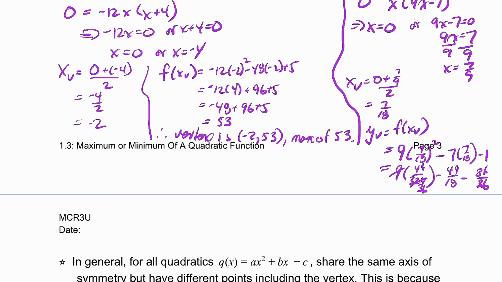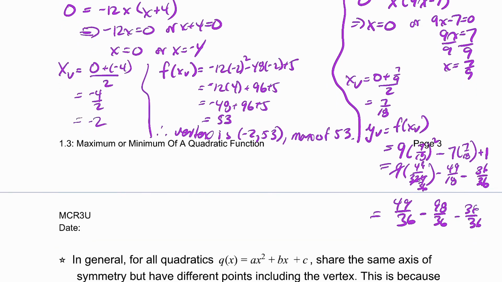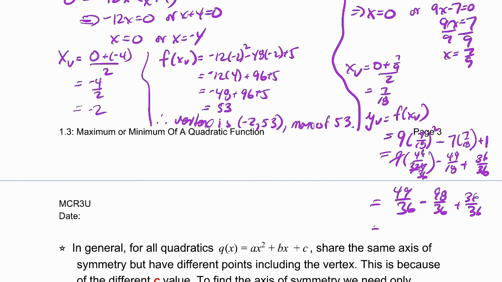So here you get 49 over 36 minus, well, need to multiply 49 by 2, minus 98 over 36 minus 36 over 36. Oops, our original function was plus 1. So that should be plus, plus, plus. So 49 minus 98 plus 36 is negative 13 over 36, which is... 36 divided by 13 is 3.